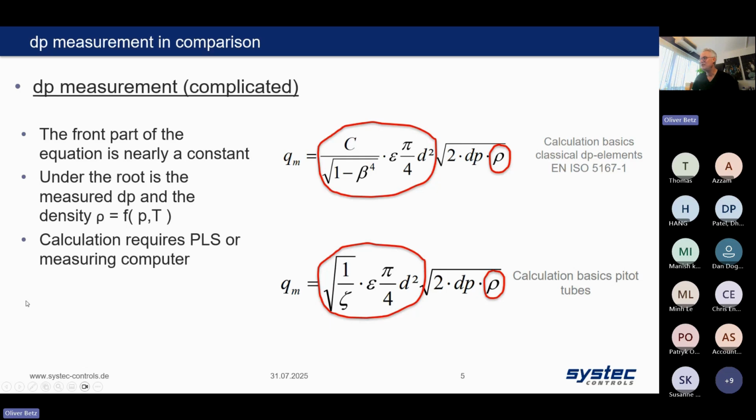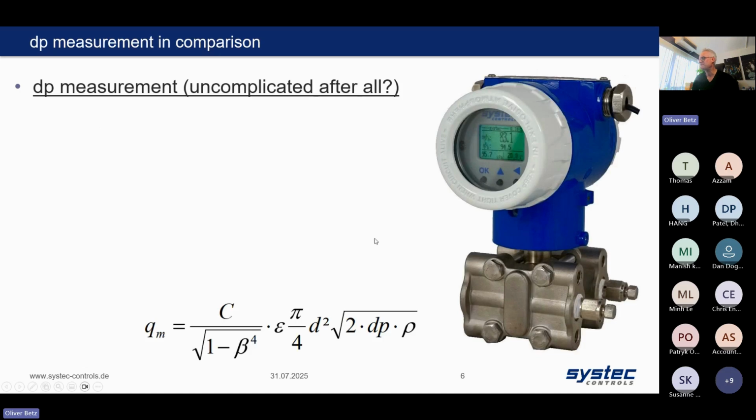So you also need a calculation unit, a process system, or a flow measurement computer to calculate this. So differential pressure measurement is complicated. Who tells you that has a point, that's true. But there is a way to make it a little bit less complicated.